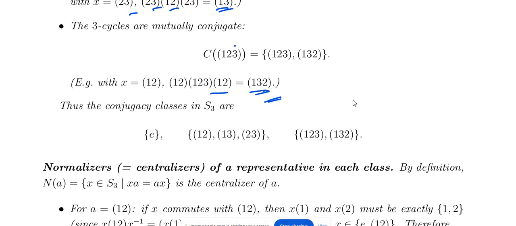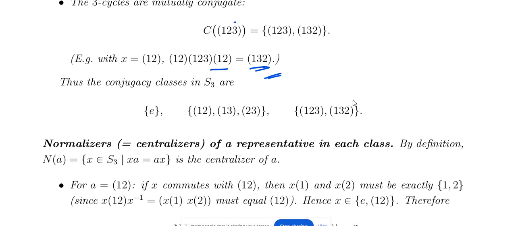So looking at these conjugacy classes in S3: first C of E, then C of (1 2) and C of (1 2 3). These are the conjugacy classes, as I said, C of A, C of B, C of C like that. There are 3 conjugacy classes. In one the number of elements is 1, in another 3, and in another 2. Add all three: 1 plus 3 plus 2 is 3 plus 2 is 5, 5 plus 1 is 6.